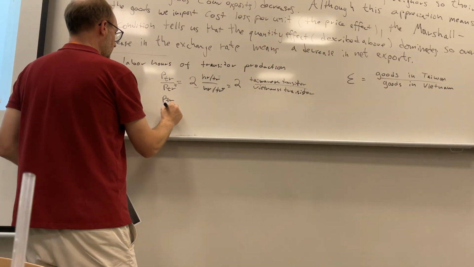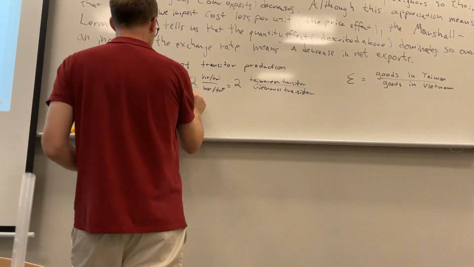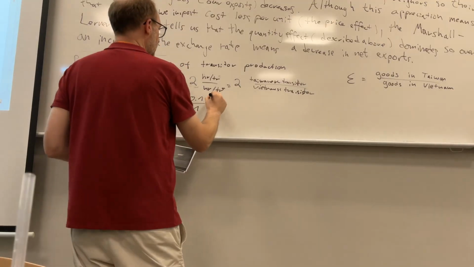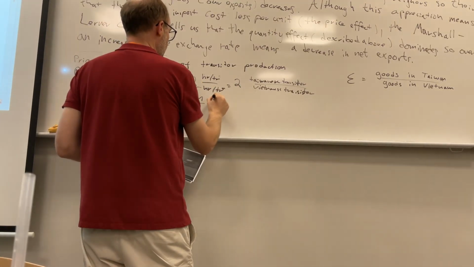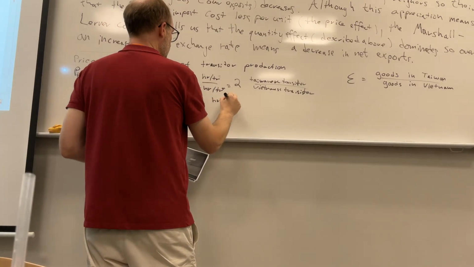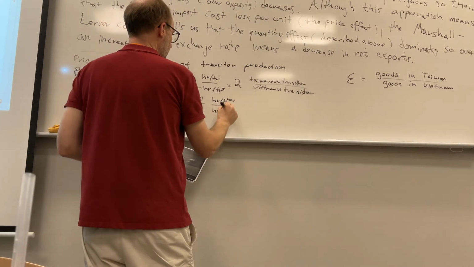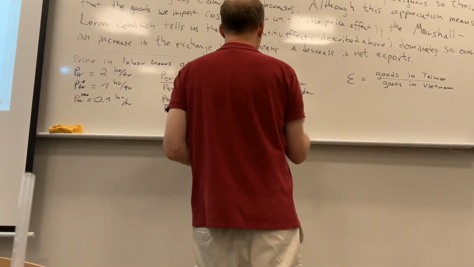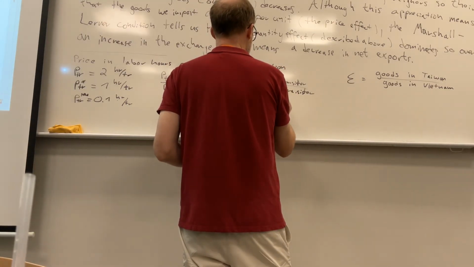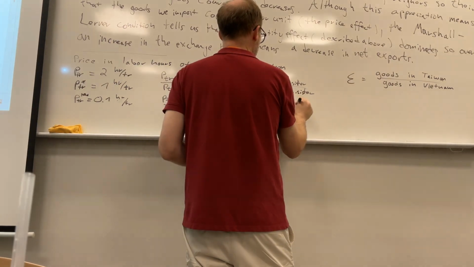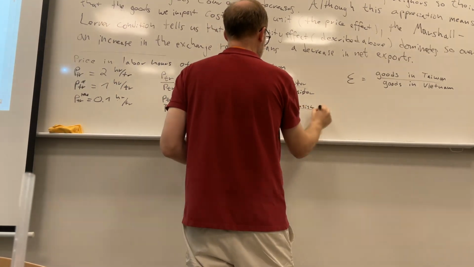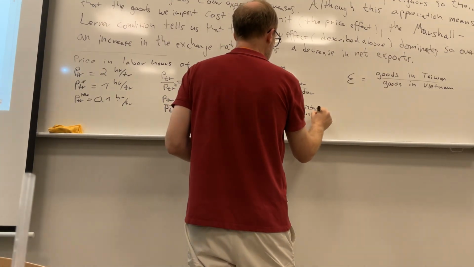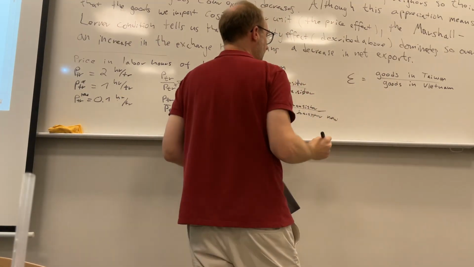Now we have 0.1 over 1 hours per transistor, that is 0.1 Taiwanese transistor per Vietnamese transistor for now.